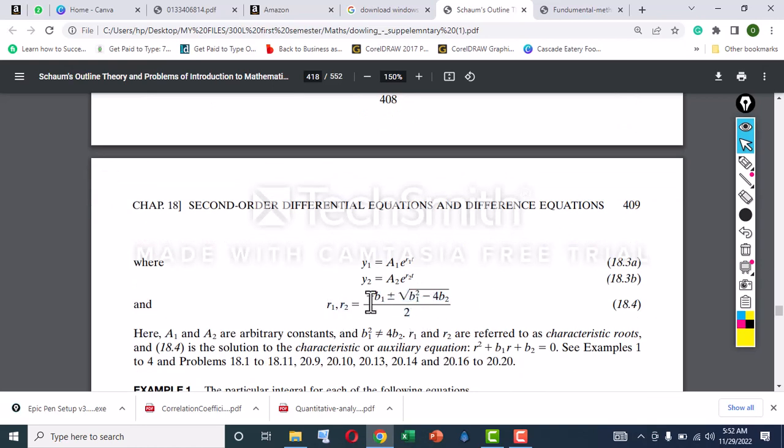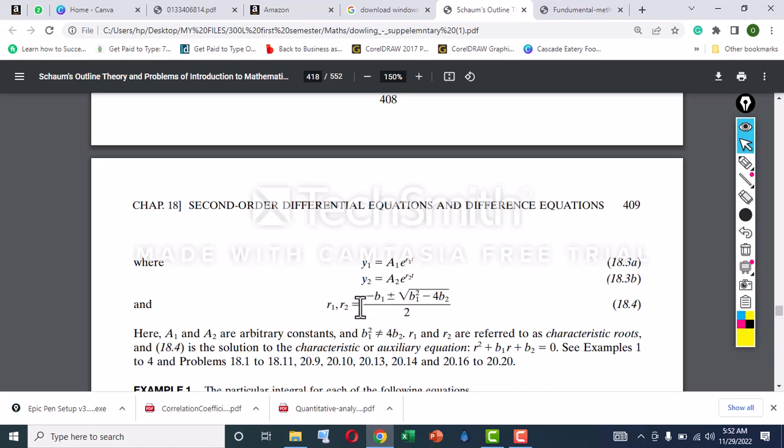Our r1 and r2 is minus b1, and it looks like the quadratic formula. Remember, our quadratic formula is minus b plus or minus the square root of b squared minus 4ac, over 2a. The difference is just these guys. Instead of 4ac, remove it and put b2. Then instead of 2a, we only have 2 here. That's the difference. Now, r1 and r2 are not the same thing. Although the both of them are sharing the same formula, they will not give you the same answer.